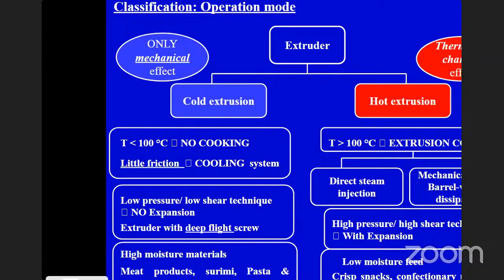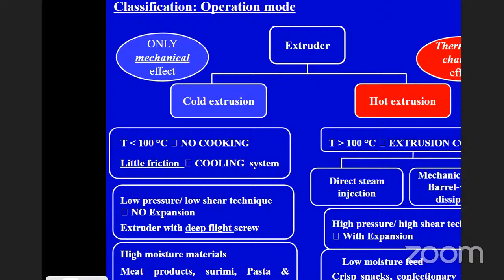Then we have the second type of extrusion, that is hot extrusion or extrusion cooking, with which a wide range of products could be produced, such as crispy snacks, sugar confectionery products, and soybean-based weaning foods. During extrusion cooking, the food material is cooked by different heat sources, such as heat generated from friction or by direct injection of steam, and also maybe by supplementary heaters which are present in the barrel.